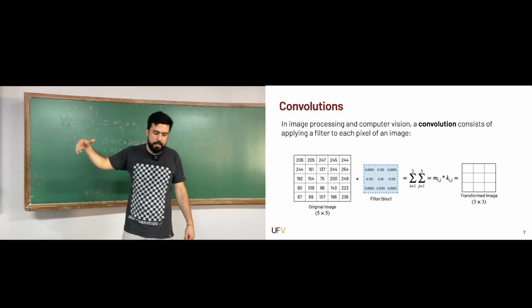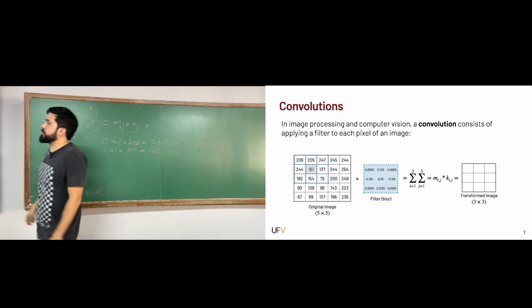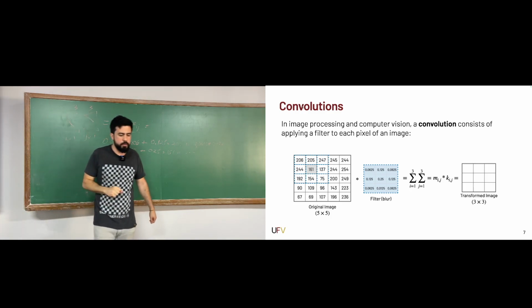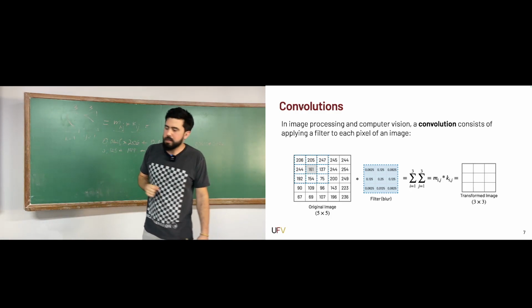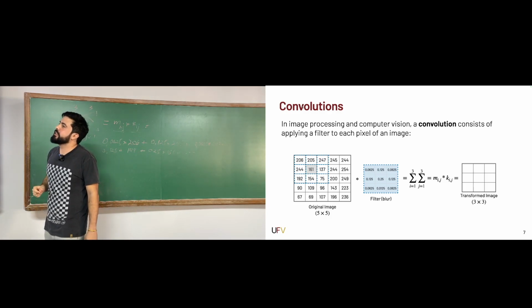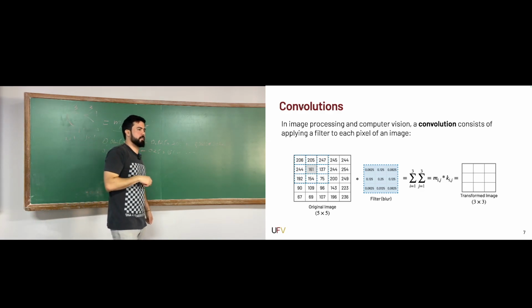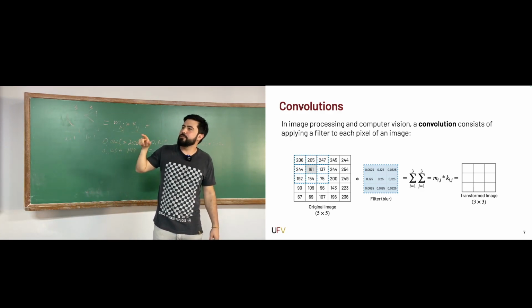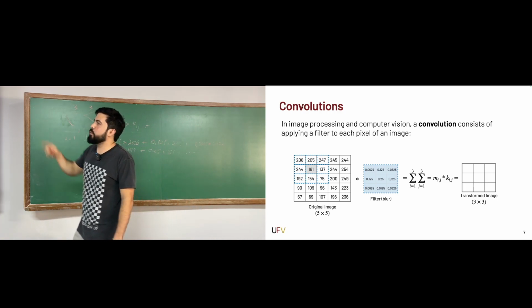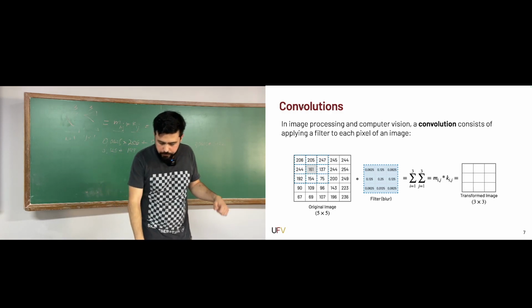So I'm going to apply those weights to that image, and we're going to do that pixel by pixel, starting from the pixel 161 there, which is in the center of the filter, because if you start at the very first one, the 206 there, we would have this problem because the corners wouldn't be defined, right? So we have to start applying the filter at the element 1, 1 of our original matrix and not 0, 0.